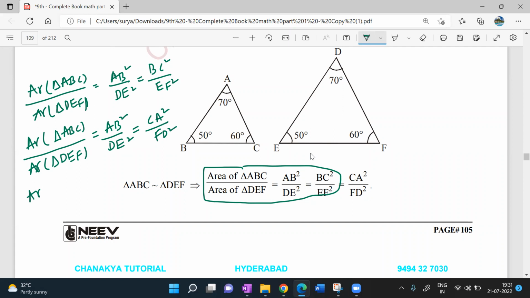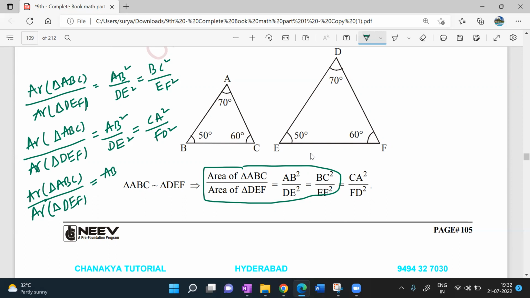Or else you can say area of triangle ABC. Suppose they ask the ratio of the area of DEF to ABC, then it will be opposite, right? If they give two ratios, the third ratio you can find very easily using this. Understand my point?